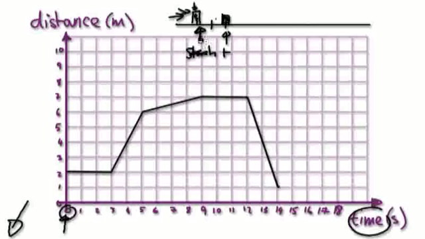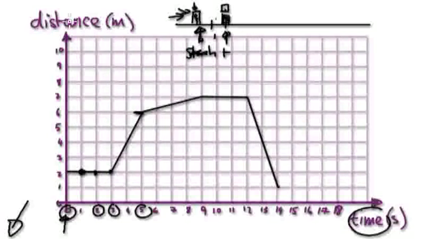So 0, 1, 2, you are 2 meters away already. Now at time equals 2, you are still 2 meters away. At time equals 3, you are still 2 meters away. And when time gets to 5, you are 6 meters away.